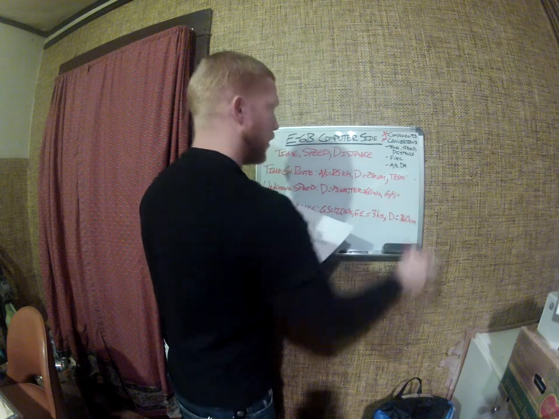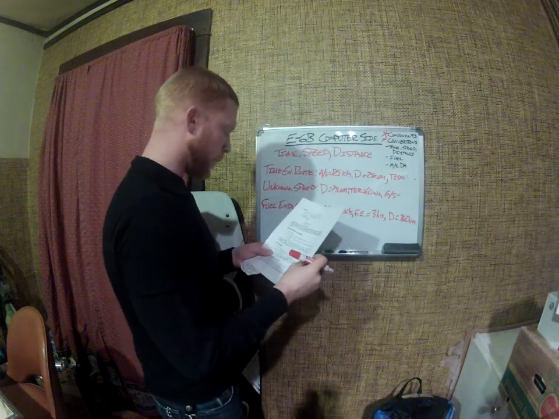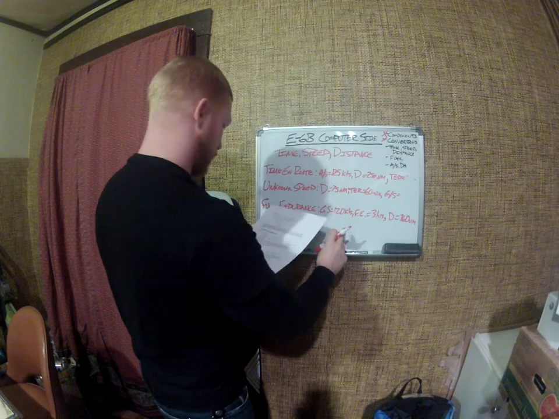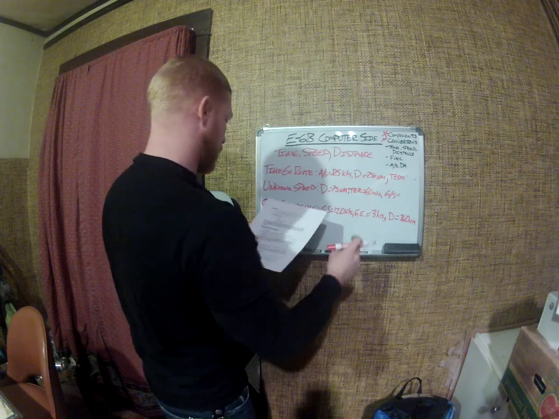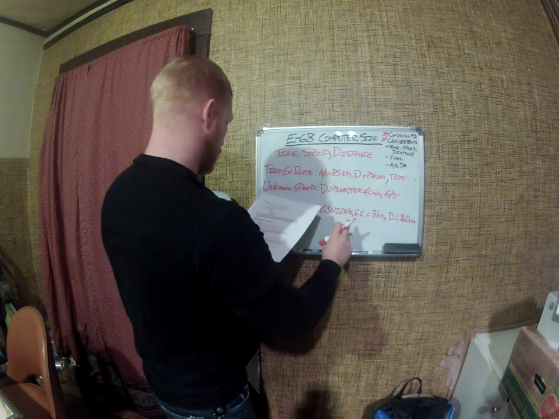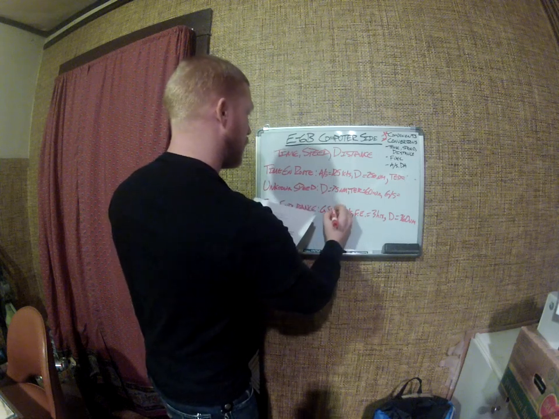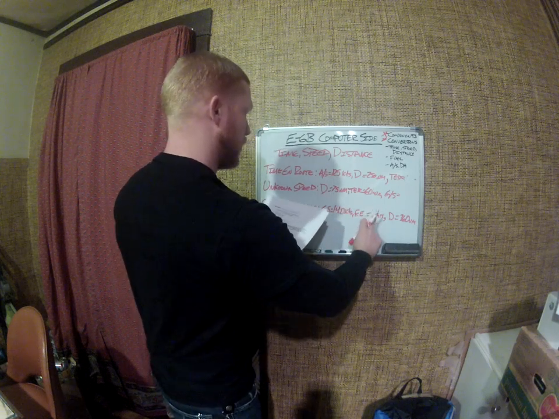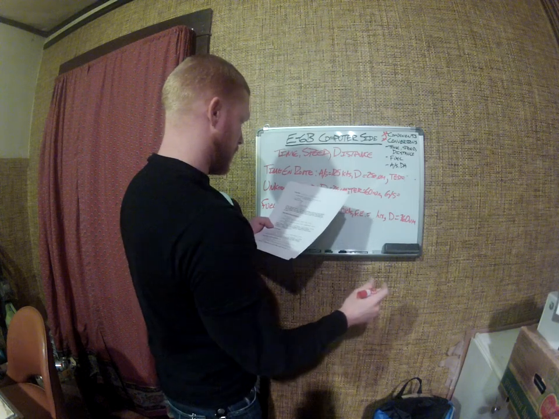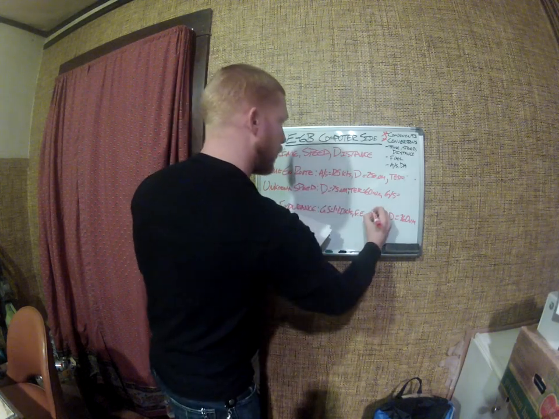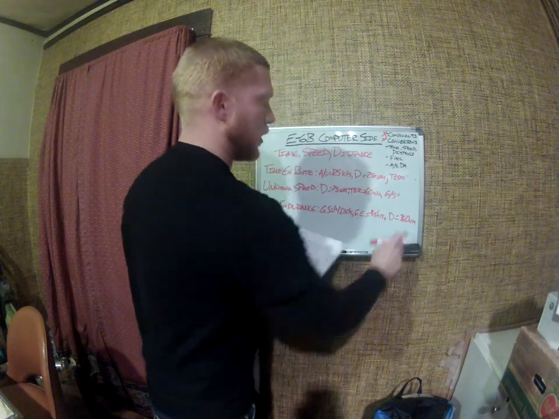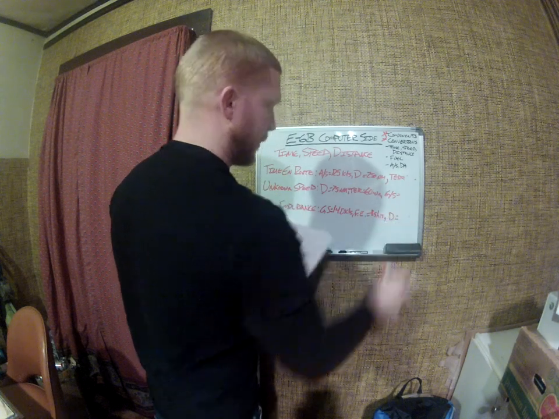Give me your ground speed there. And for fuel endurance, we're going to do 140 knots and a running time of 4.5 hours. And then give me your distance on those.